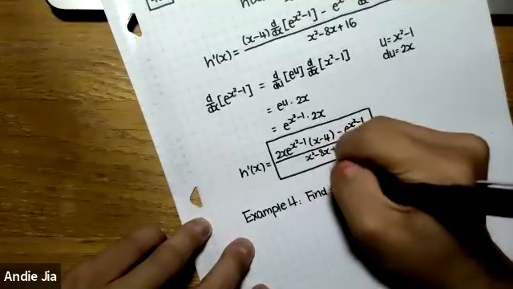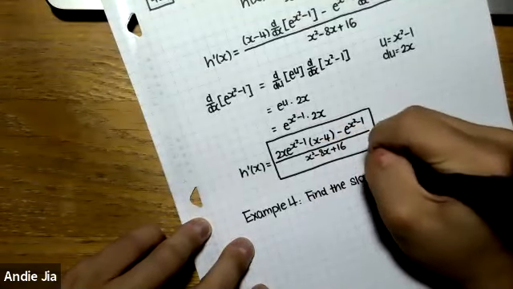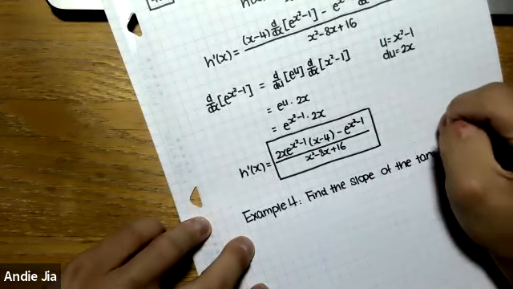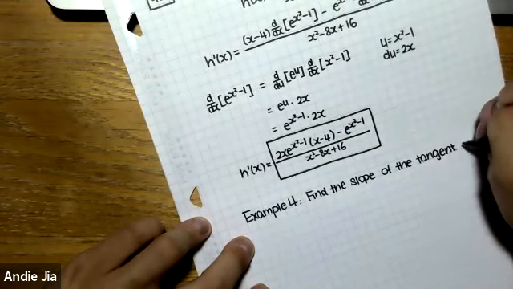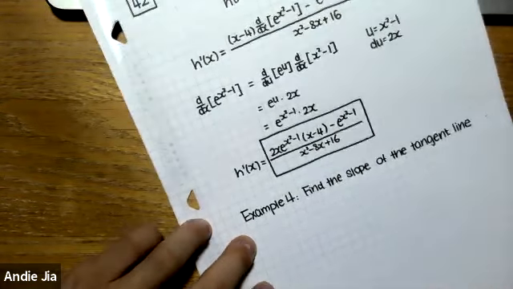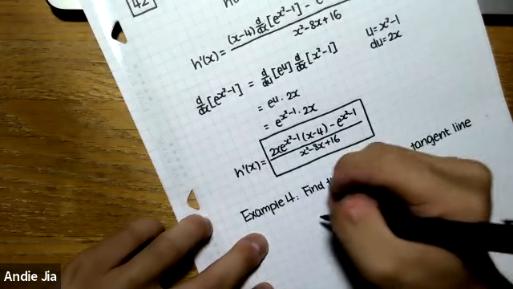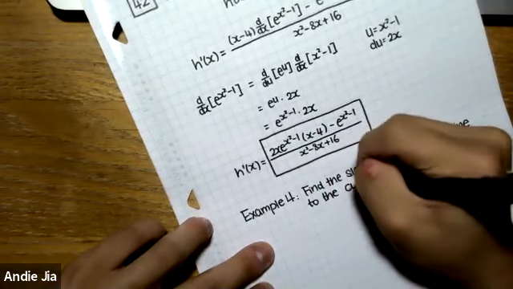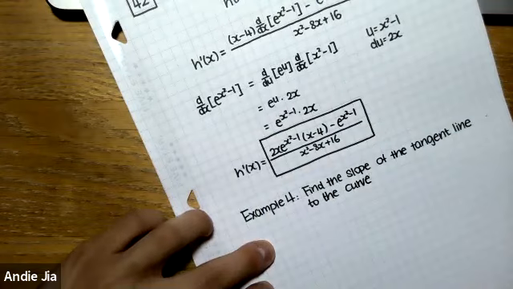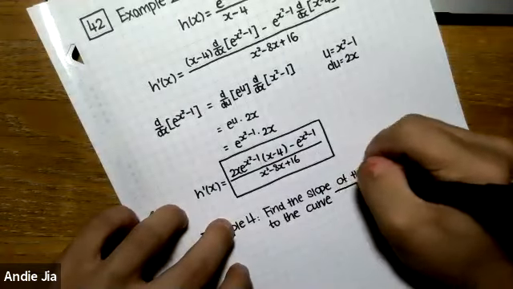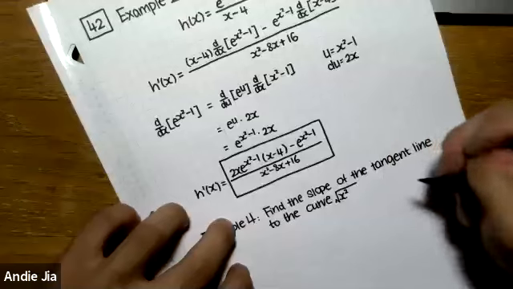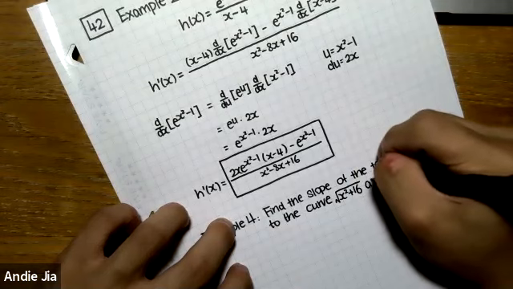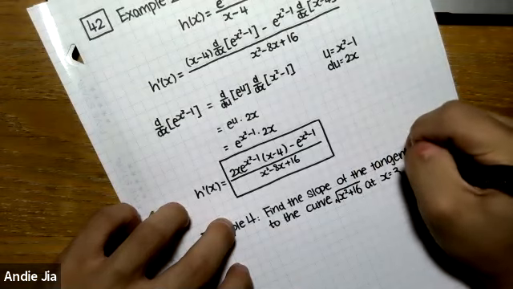Find the slope of the tangent line to the curve square root of x² plus 16 at x equals 3.